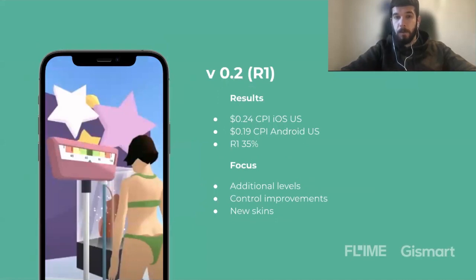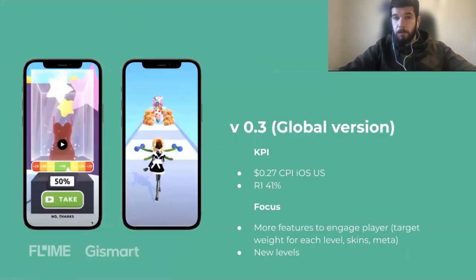The retention version, the second build. We added some additional levels, improved basic gameplay, added some skins, and got 35% first day retention. After that, we decided to launch our game globally with the next version.